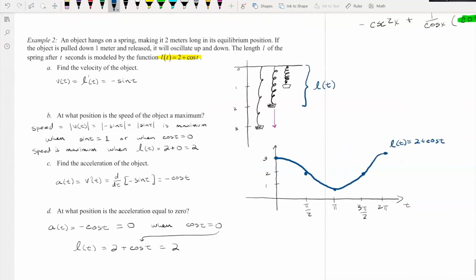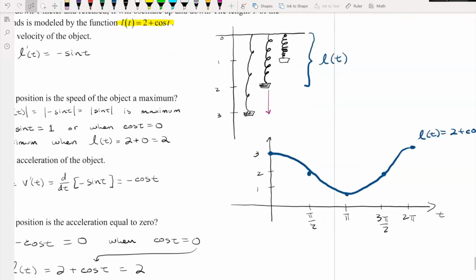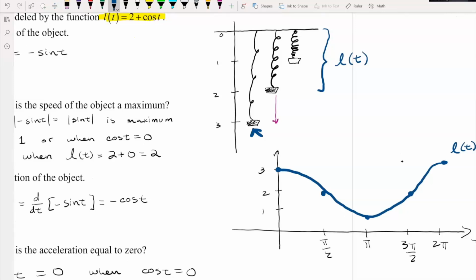And we see that the speed is going fastest when the length is 2. When we let go of it right here, it speeds up into that equilibrium height, and then it starts slowing down until it gets to its highest point and stops, and then it comes back down and speeds up, and then slows down until it gets to there, and so on and so forth.